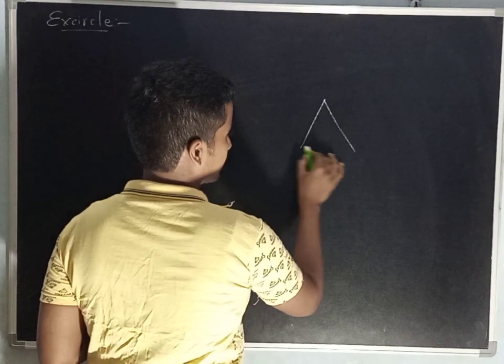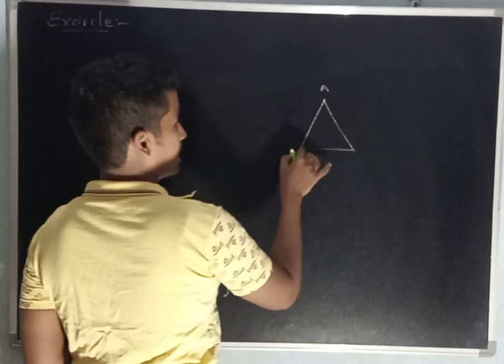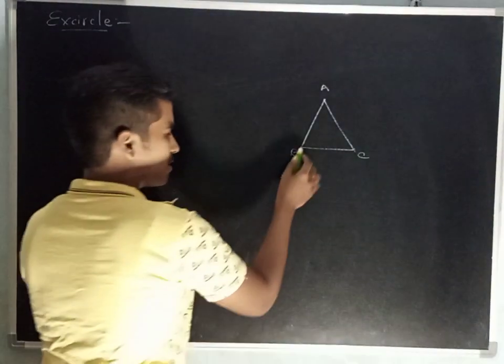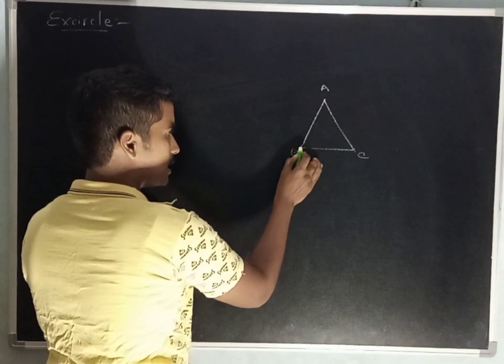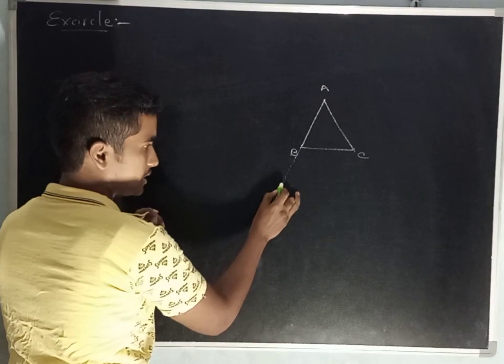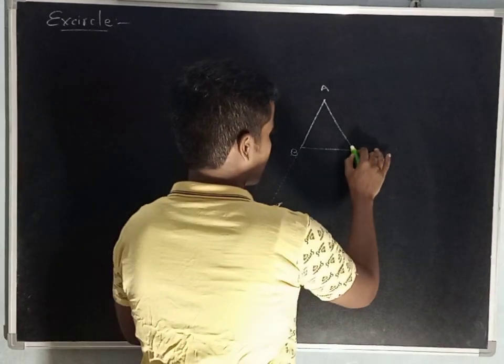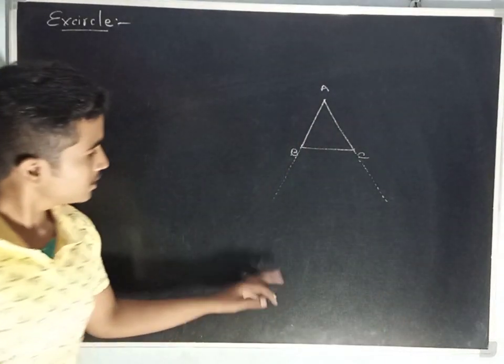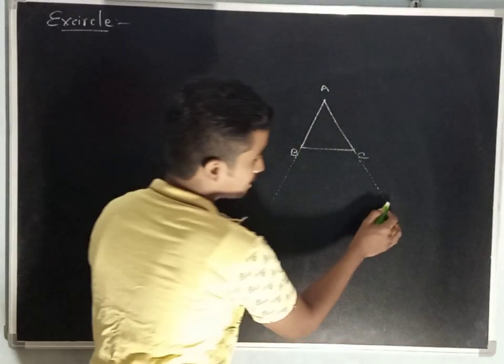Now what I am going to do is extend this side AB like this, similarly side AC like this. These are two extended lines.